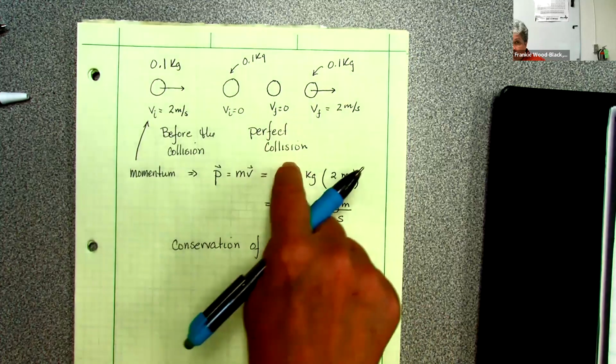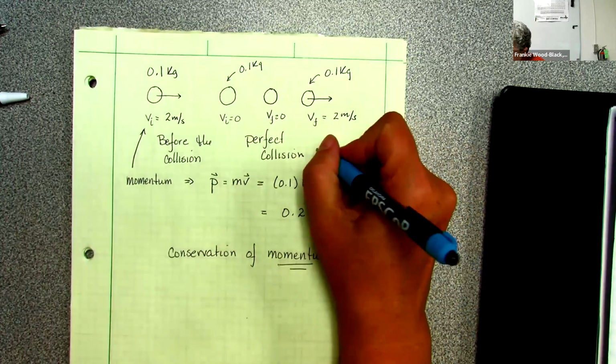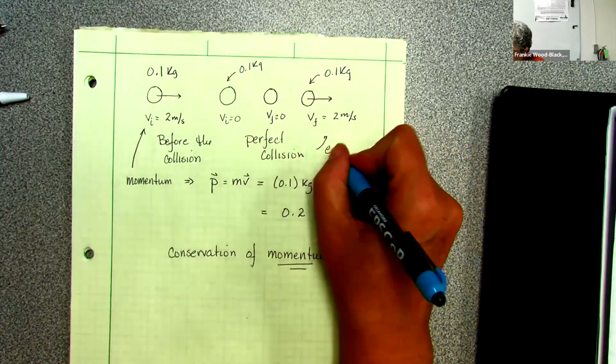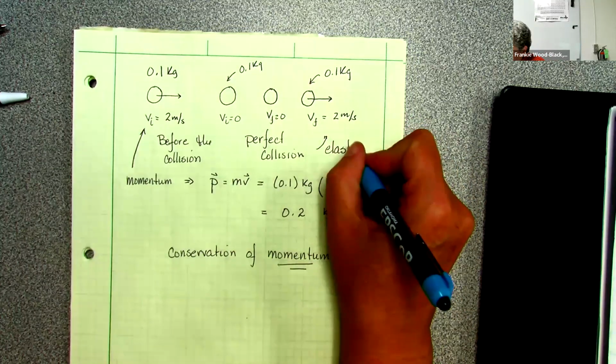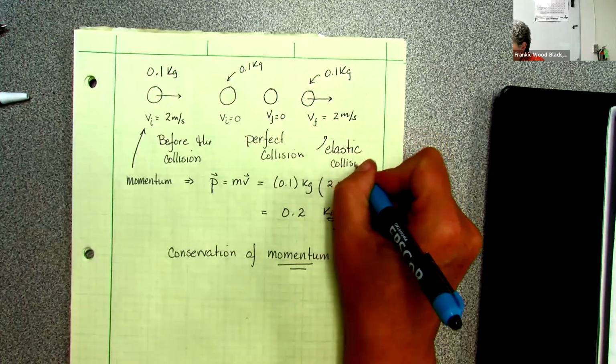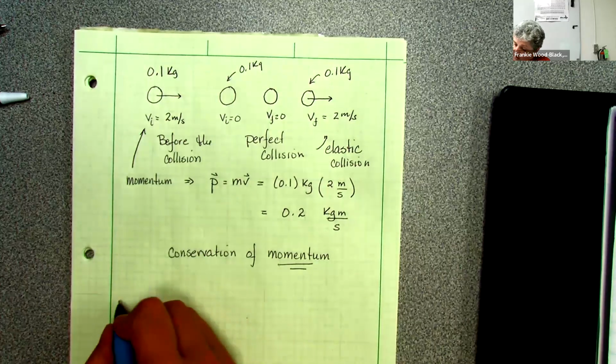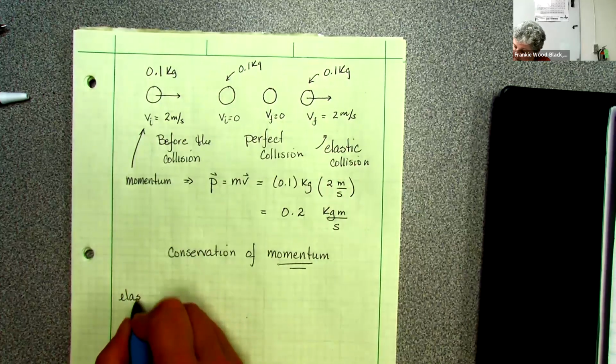Now, if I have a perfect collision, and we call this an elastic collision, I also get something else. It's a special case. So elastic collisions are special cases.